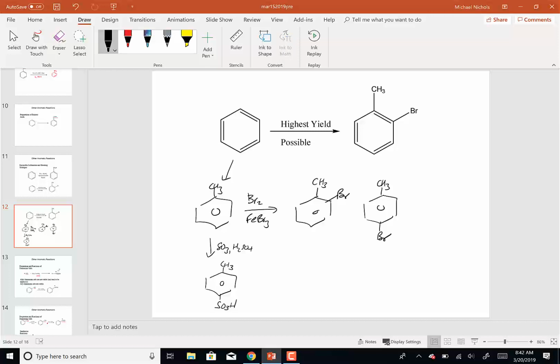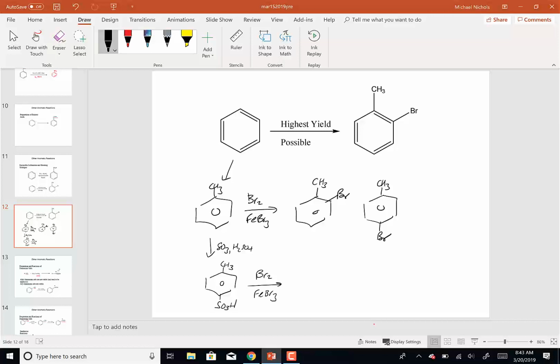And now if I do my Br2 FeBr3 reaction, the methyl group is the more activated group. It's higher on the chart, right? Everybody hopefully knows that now, although you'd say, but SO3H isn't on the chart. No, it's not on the chart you memorized.